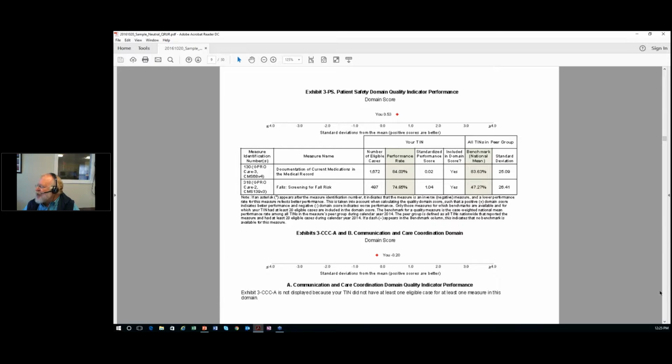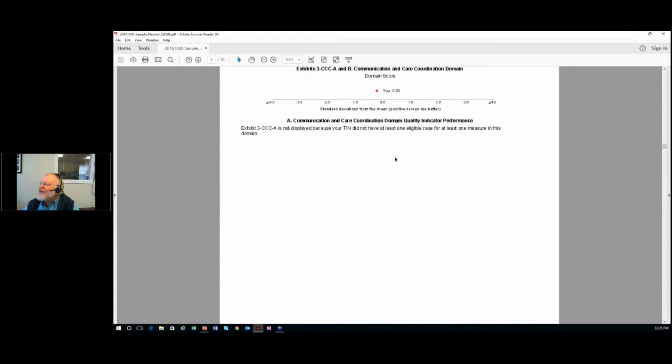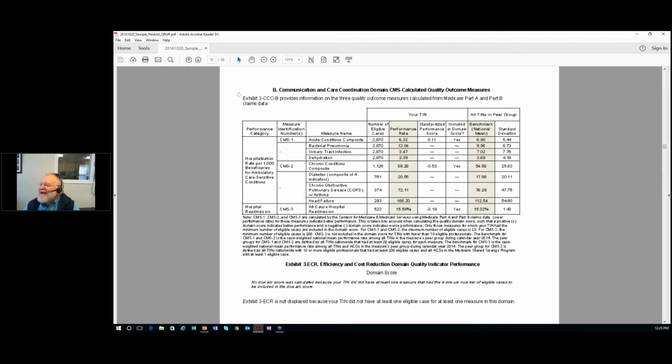And then communication coordination. This includes the measures that Medicare calculates in the background, so-called administrative claims measures. And this is about ambulatory care sensitive acute admissions and ambulatory care sensitive chronic disease admissions, plus an all-cause hospital admission rate, the number of eligible cases, performance rates, and again standardized.